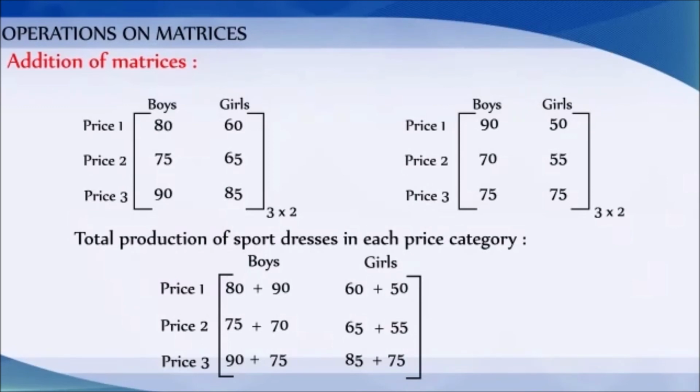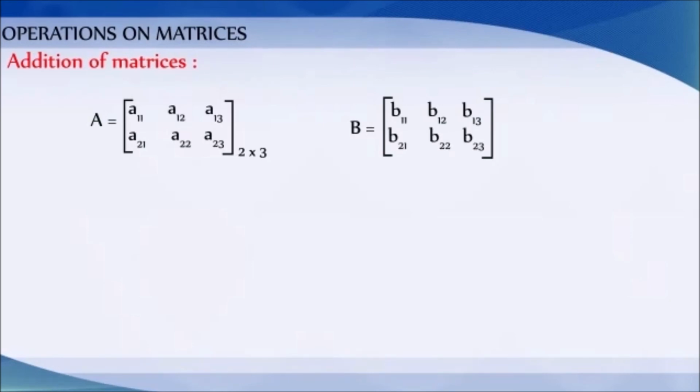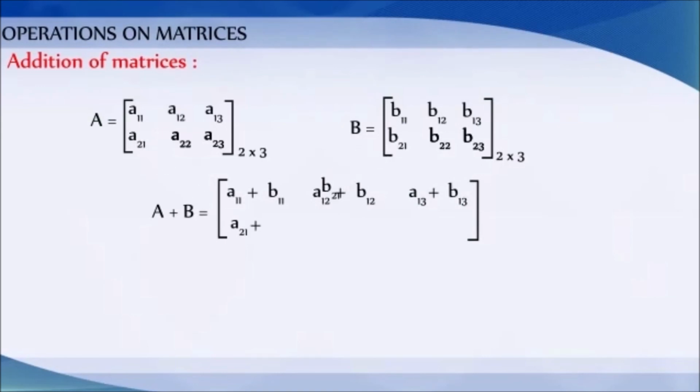Therefore, if A = [a11, a12, a13; a21, a22, a23] is a 2 by 3 matrix and B = [b11, b12, b13; b21, b22, b23] is another 2 by 3 matrix, then we define A + B = [a11 + b11, a12 + b12, a13 + b13; a21 + b21, a22 + b22, a23 + b23].